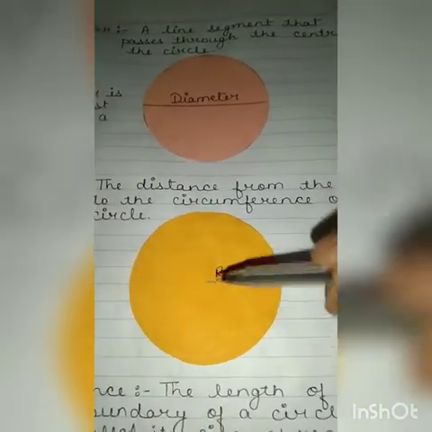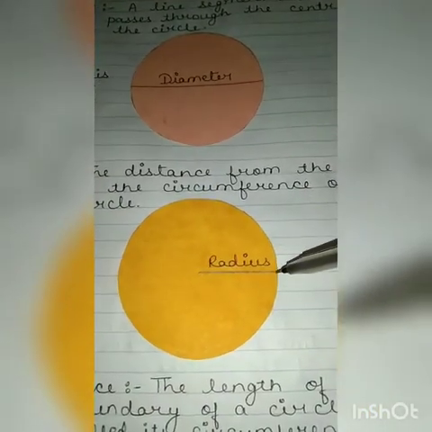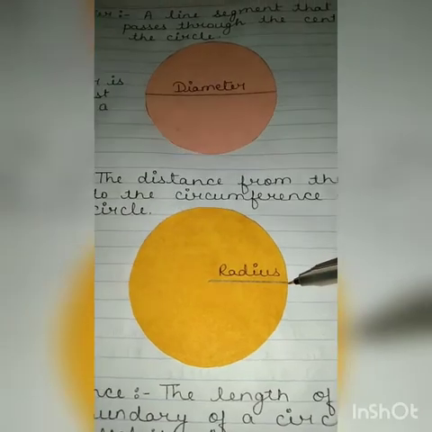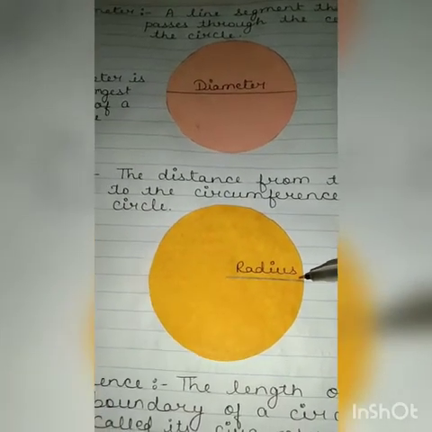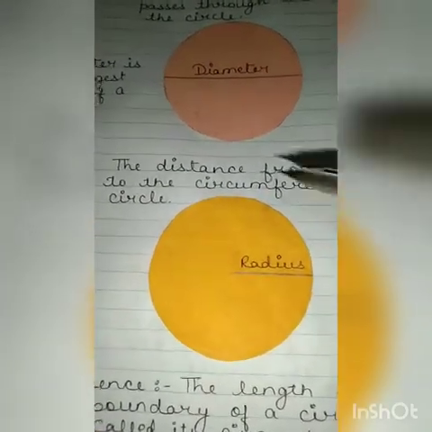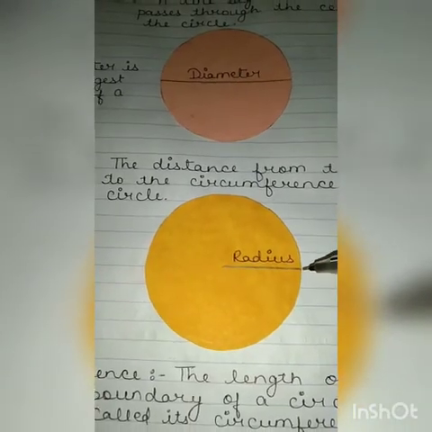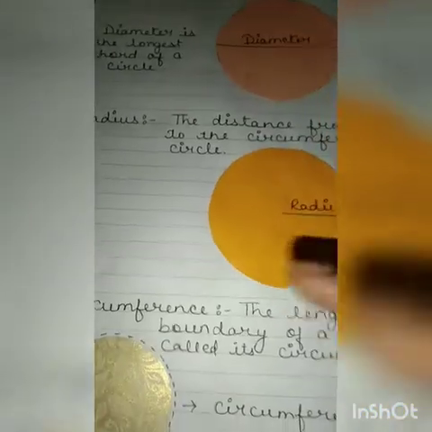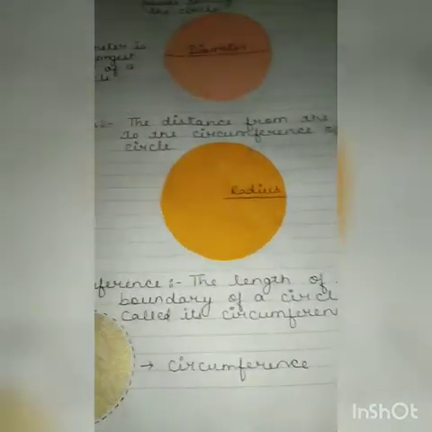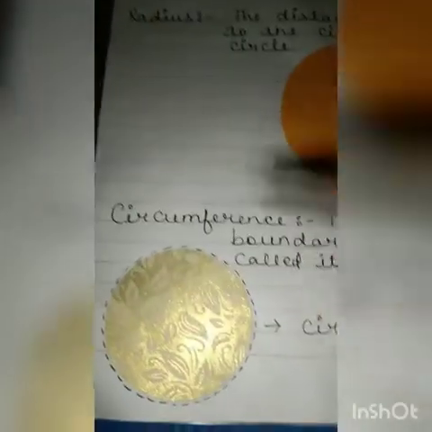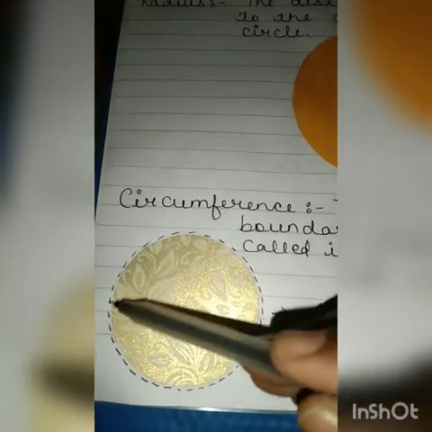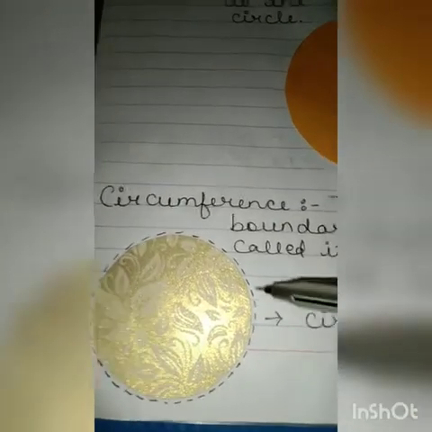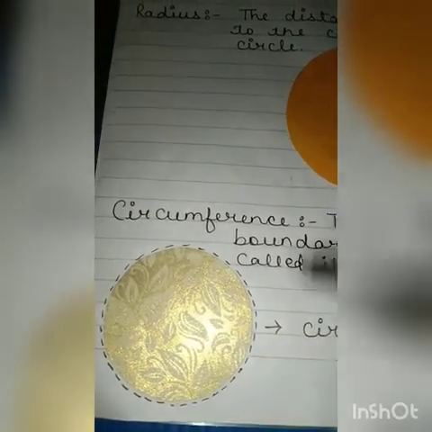So this is the radius. Next is circumference. What is circumference? The length of the boundary of a circle is called its circumference. As you can see, this is the circle and this one is the boundary of the circle. So this is known as circumference.